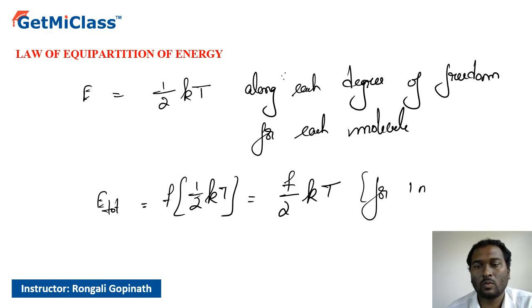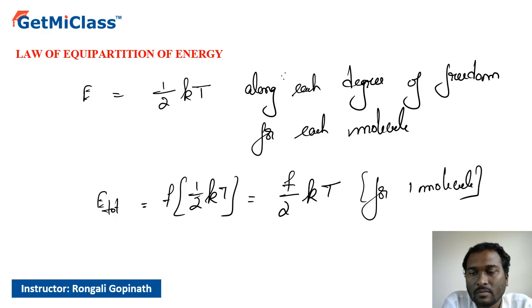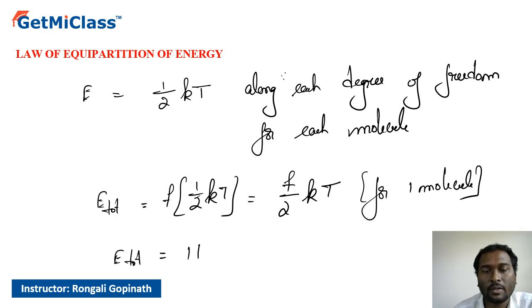If I have Avogadro number of molecules, then what will be the total energy? E total becomes Avogadro number into f by 2 kT.